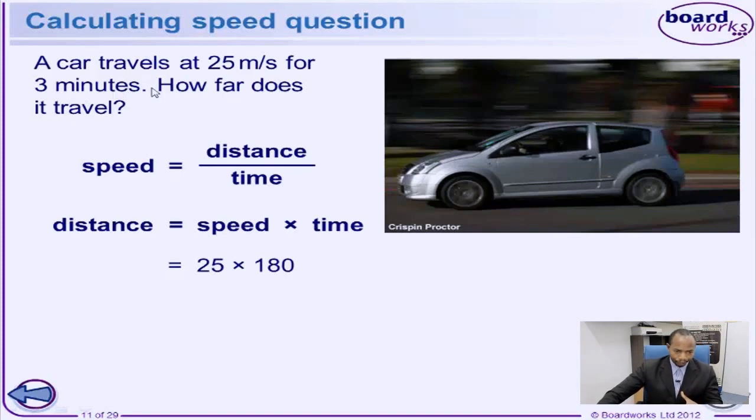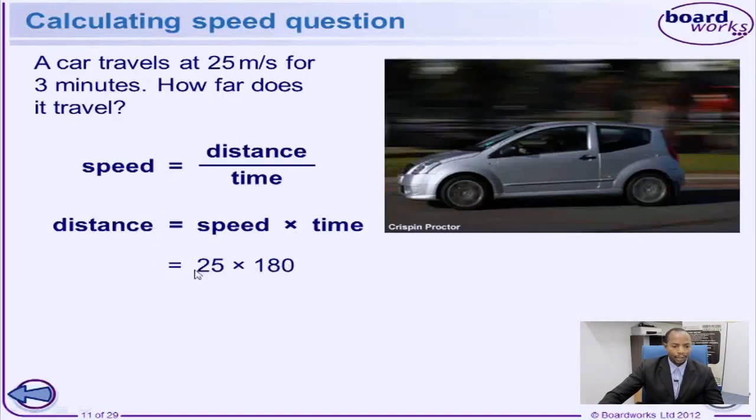In physics, we convert minutes to seconds because the internationally accepted unit for time is seconds. So 3 minutes converted to seconds will be 3 times 60, because 1 minute is equal to 60 seconds, which equals 180 seconds.